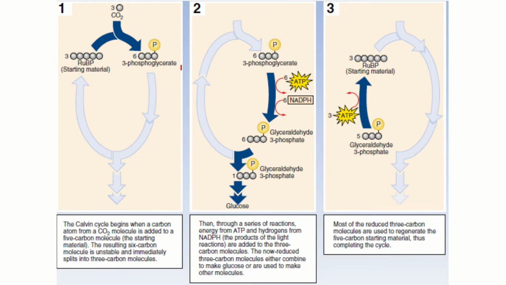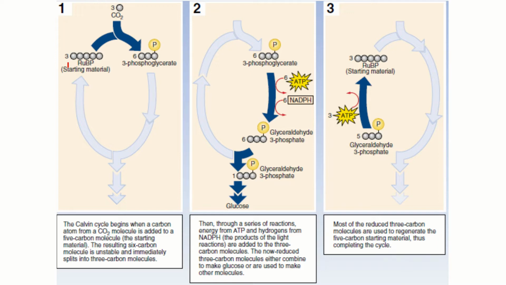So let us see the process of dark reaction or light independent reaction in detail. You already may know where the reaction is taking place in the chloroplast. Let us come to the molecular mechanism.